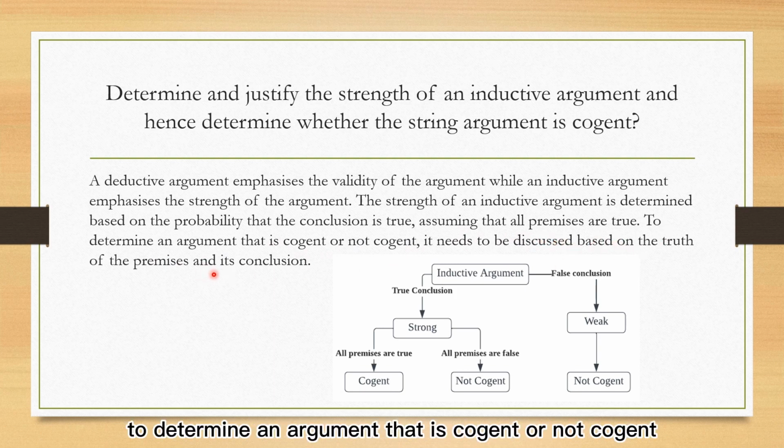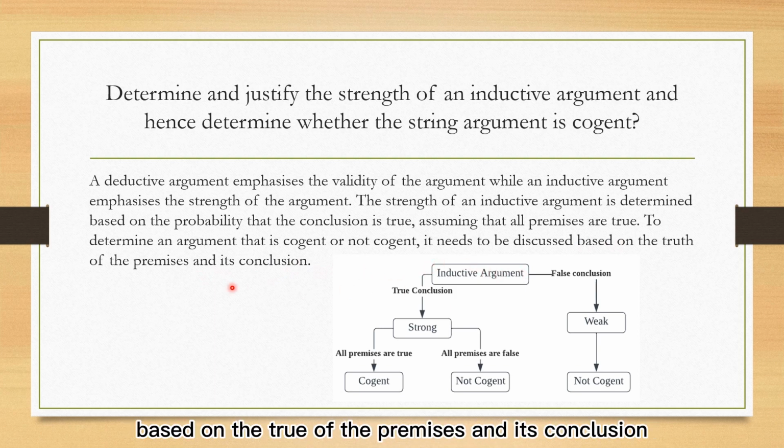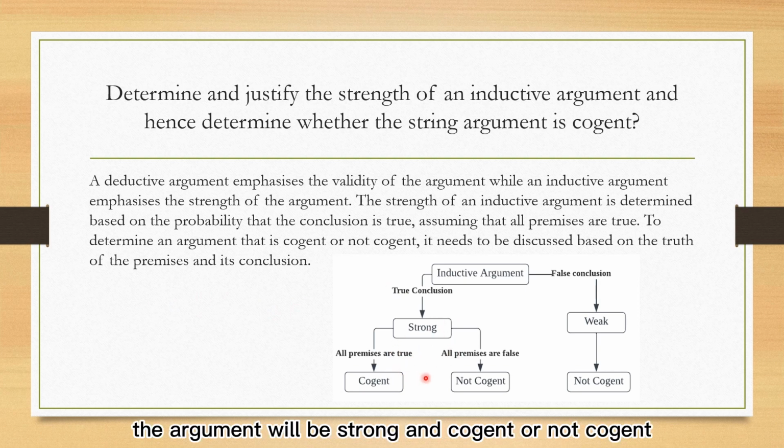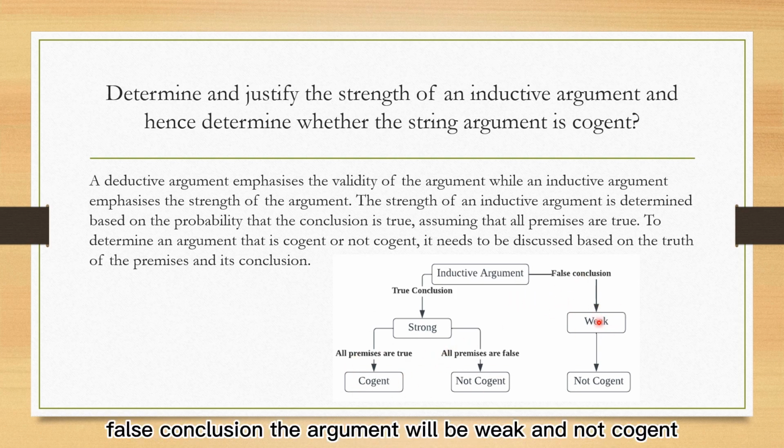To determine whether an argument is cogent or not cogent, it needs to be discussed based on the truth of the premises and its conclusion. In this diagram, if it is a true conclusion, the argument will be strong and cogent. But if it is a false conclusion, the argument will be weak and not cogent.